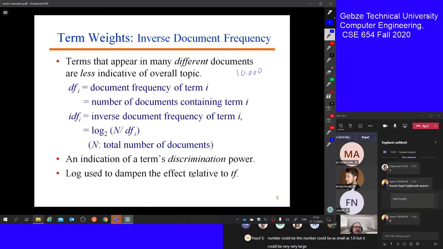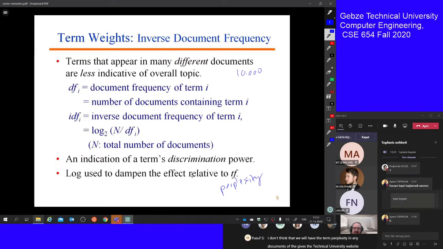Let's say there is a term, perplexity. I don't think that we will have the term perplexity in any documents of the Gebze Technical University website.